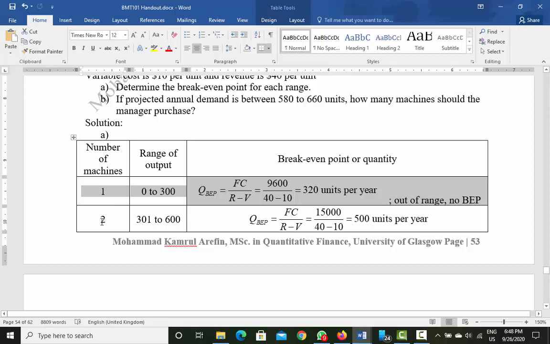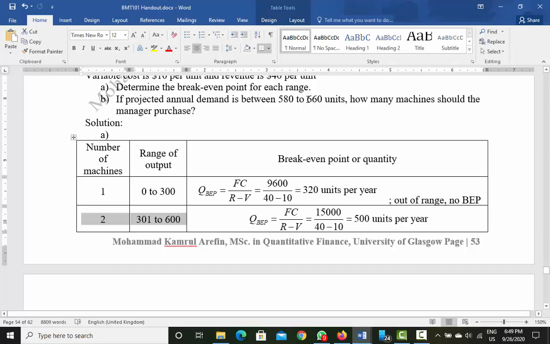Now if you buy two machines, if the minimum demand is 580 units, you will still be in profit.